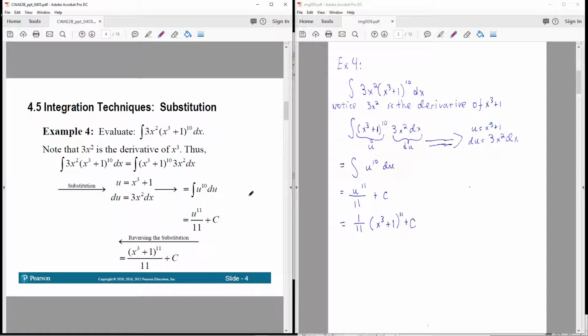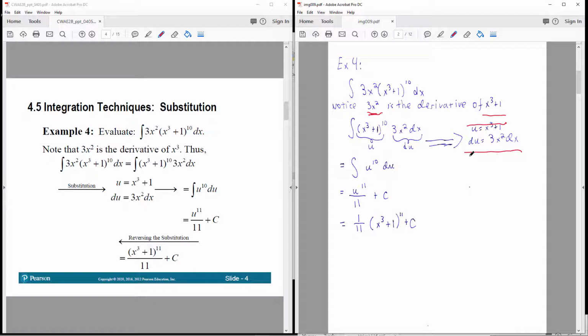In this case here, notice that 3x squared is the derivative of x to the third plus 1. So we can let our u be x to the third plus 1. So our derivative of that would be 3x squared dx.